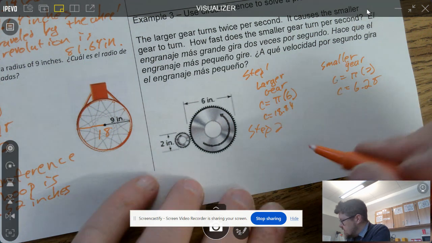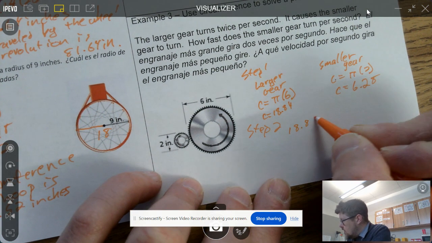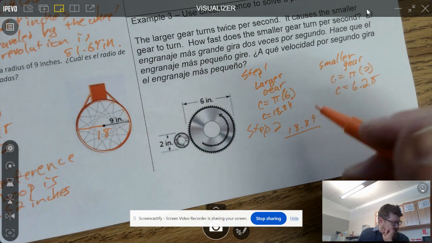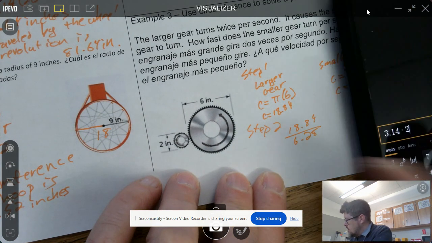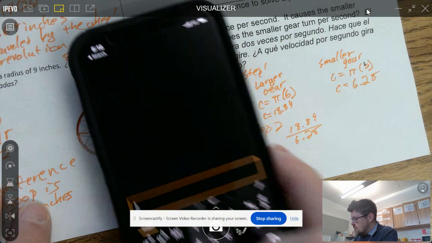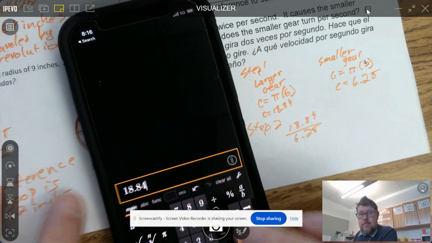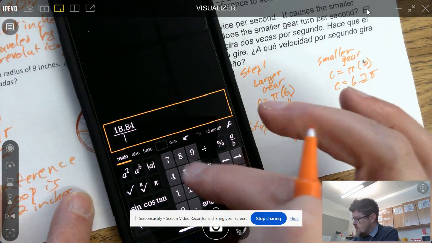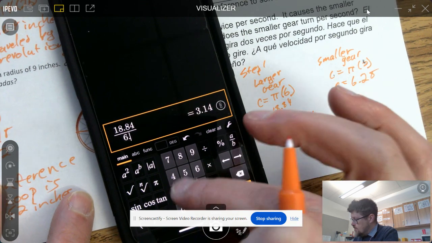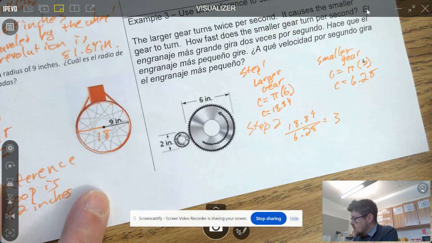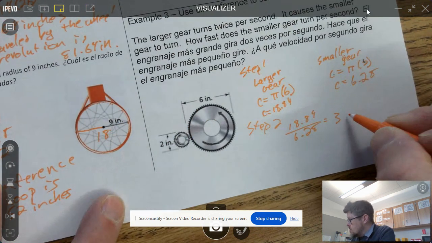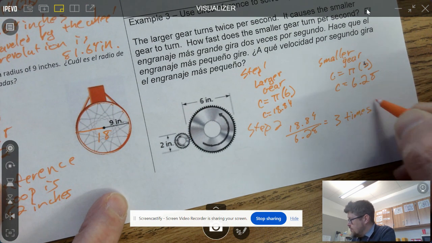So we're going to take that 18.84 and divide by 6.28, which gets us to 3. So basically, the big gear is 3 times bigger than the smaller gear, okay?